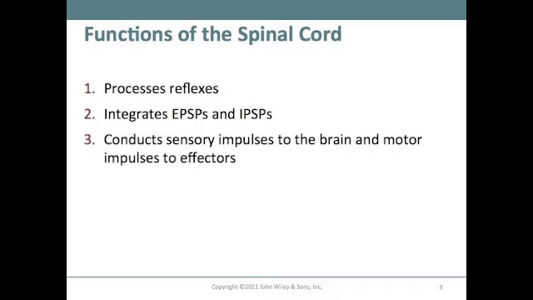So there are processes for the reflexes, and these integrate the EPSPs and the IPSPs, and you may remember those from the previous chapter when we were talking about action potential. The EPSPs and the IPSPs relate to the graded potential, and it's just the way that the chemical reaction, the physiology where the nerve triggers the muscle to move or to react to a stimulus that's out in space.